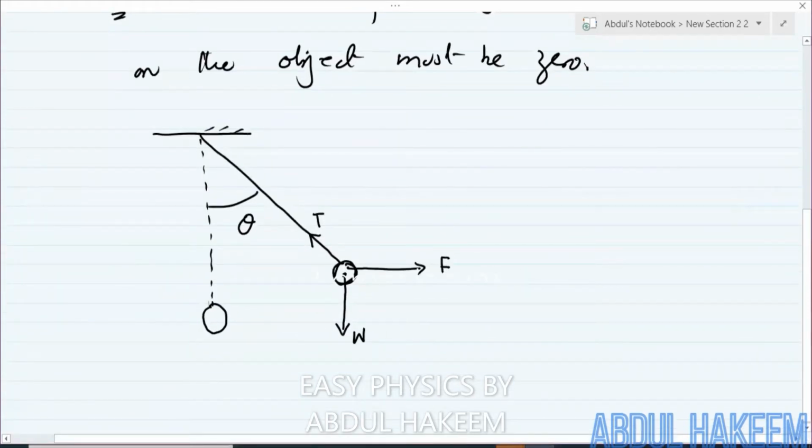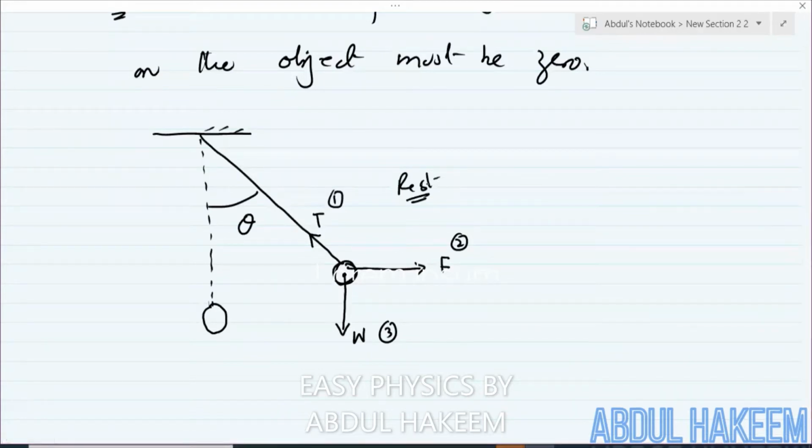So three forces are acting. Number one, number two, number three. So it is at rest, in the state of equilibrium. Then the vector sum of tension, force, and W must be zero. And we have to show this by drawing.